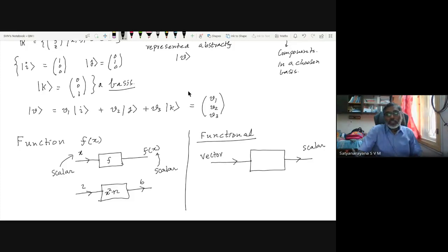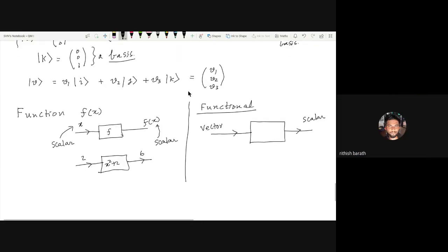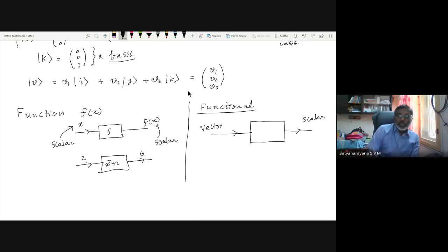A vector goes in and a scalar comes out. So for a function the input is a scalar and the output is a scalar, whereas here the input is a vector and the output is a scalar. This is what we call a functional.